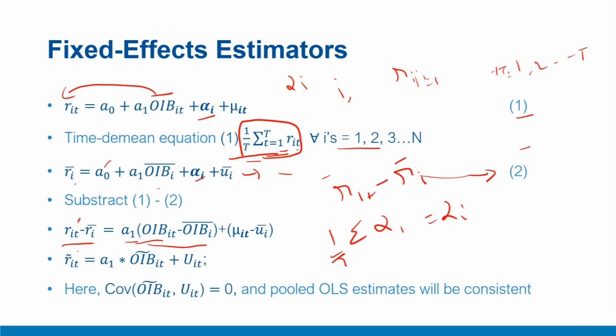So we write R it tilde equal to A1 into OIB it tilde plus error term mu it tilde. This transformed system can be estimated with pooled OLS as long as the covariance between the resulting independent variable, OIB it tilde, and the error term mu it tilde is zero. If there is no correlation between these, then the transformed system can be estimated with pooled OLS, and the estimates of A1 will be consistent in nature.